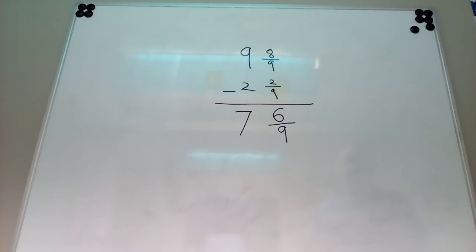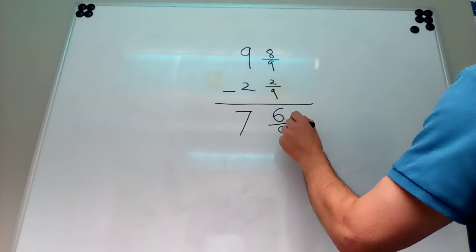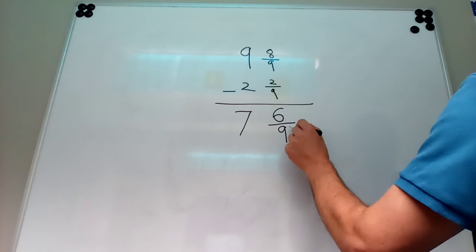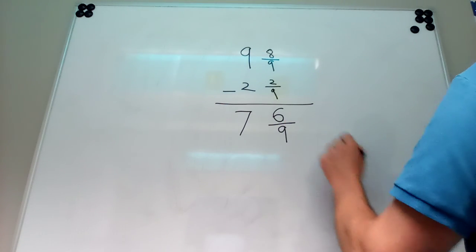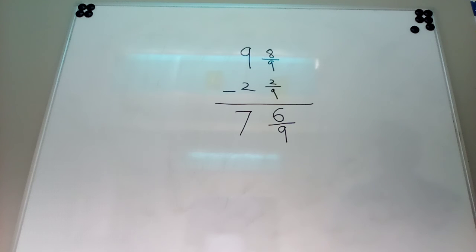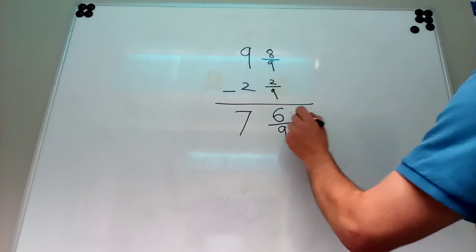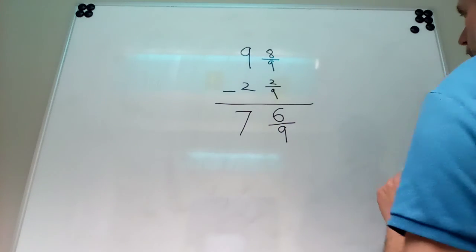So we always have to look at our fraction and say, is this the simplest or the lowest form? Is that as low as these numbers can go? And we have to look at our factors. Is there a factor between 6 and 9 that's common? Is there a number that will go into 6 and a number that will go into 9 evenly? Well, yes, if you did your factors out, you should know that 3 will go into 6 and 3 will go into 9.